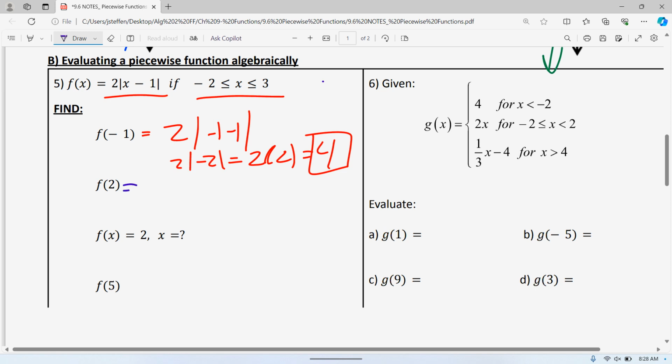Is 2 in? Yeah, because 2 is also in between -2 and 3. So 2 times the absolute value of 2 minus 1. That's 1. Again, the absolute value is just 2 times 1. That's that being 2.